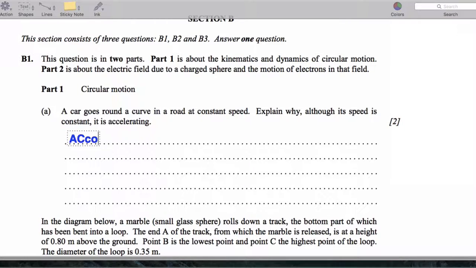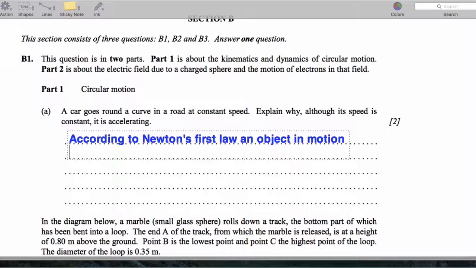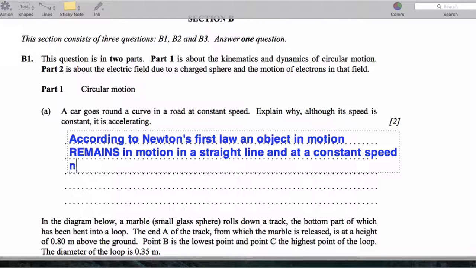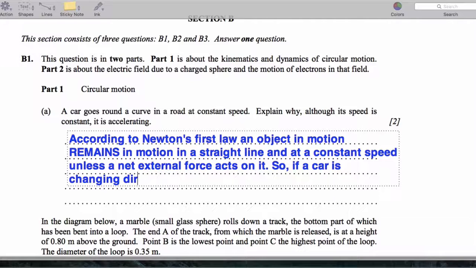So, according to Newton's first law, an object in motion remains in motion in a straight line and at a constant speed unless an external force, a net external force, acts on it. So, if a car is changing direction, it's not going in a straight line.